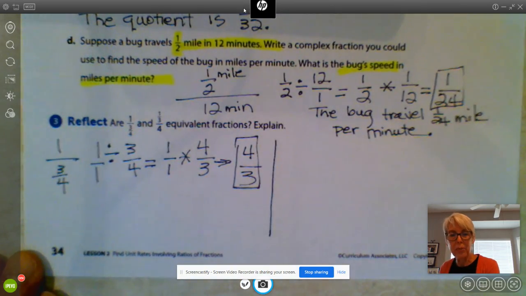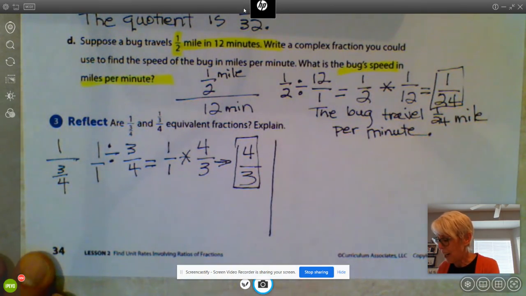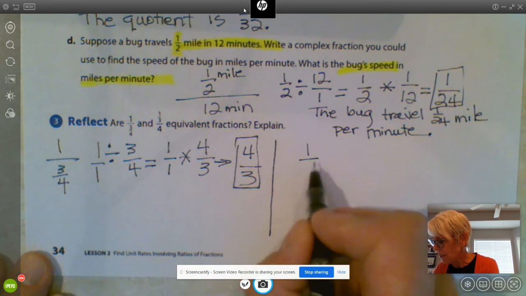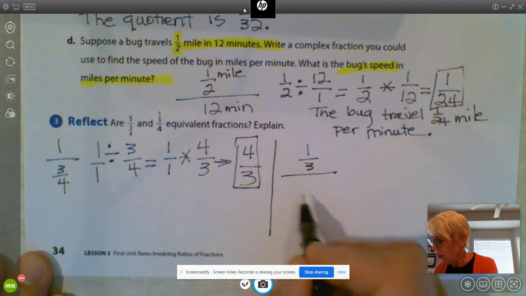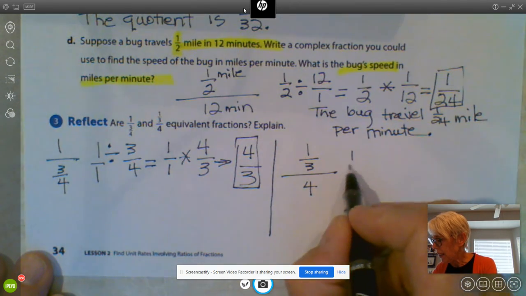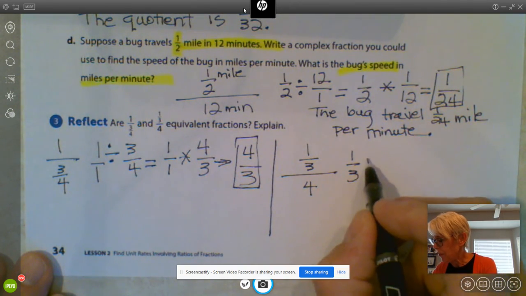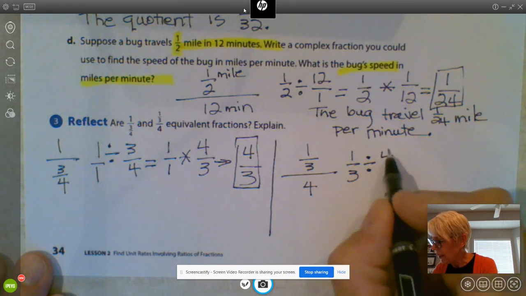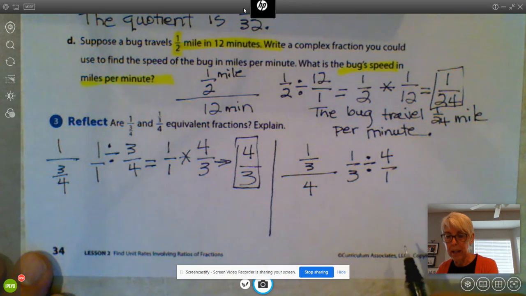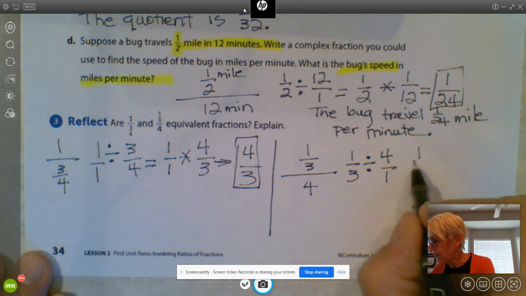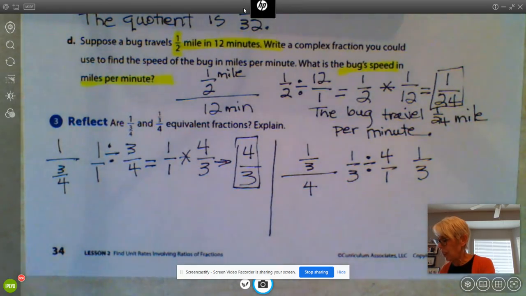Let's check this other complex fraction and see if we get an equivalent fraction, or one that is equal to this. So I've got 1/3 over 4. I'm going to change this into a division problem. 1/3 divided by 4, and I'm making that into 4 over 1. So let's leave our first fraction, the 1/3, alone.